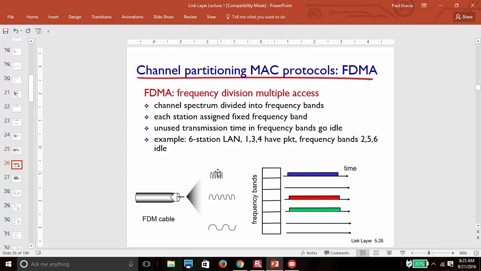Just by knowing the frequency, you can remove the signal at the other end. We basically have the same problem as time division multiple access, where the unused frequencies go idle. It's the same idea, just using frequencies instead of time slots to share the channel.